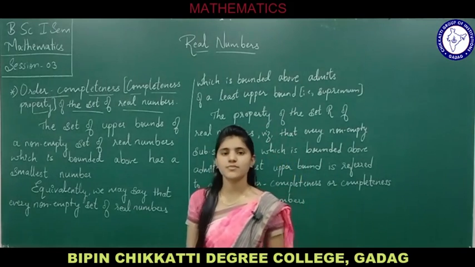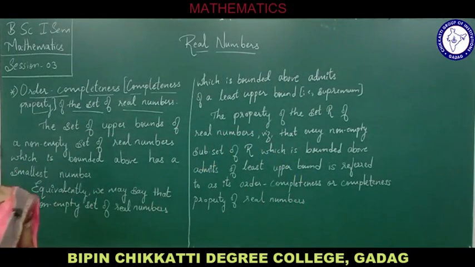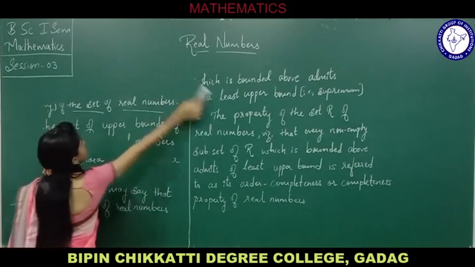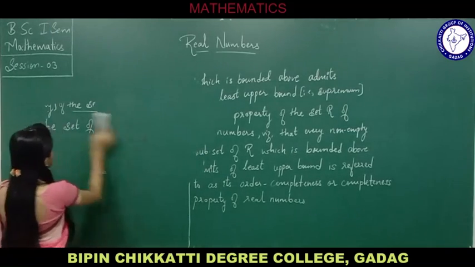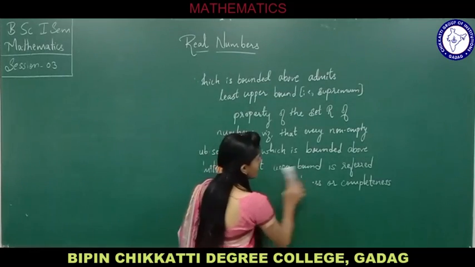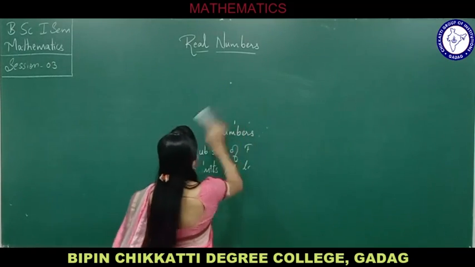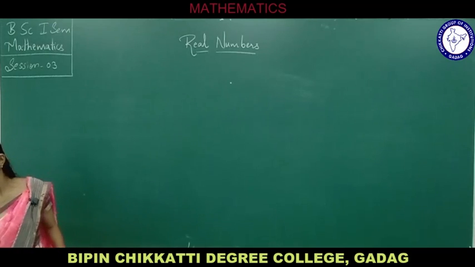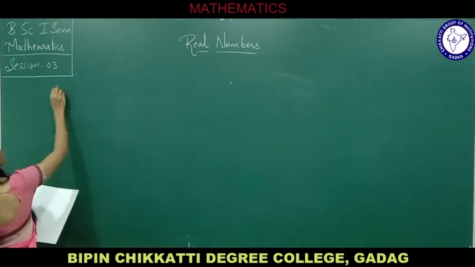Now let us study one more property, which is called the Archimedean property, also on the set of real numbers. We are going to define it through a theorem.